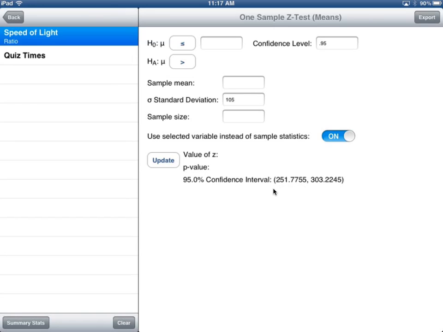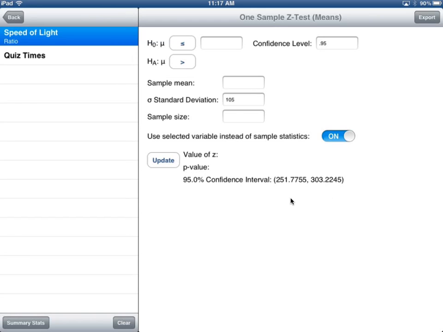So what I'm saying here is I'm 95% certain that the true speed of light is somewhere between roughly 251.77 thousand kilometers per second and 303.22 thousand kilometers per second. That is based on Newcomb's data.